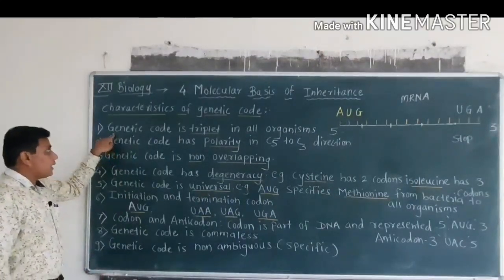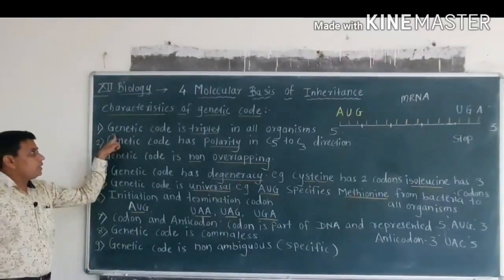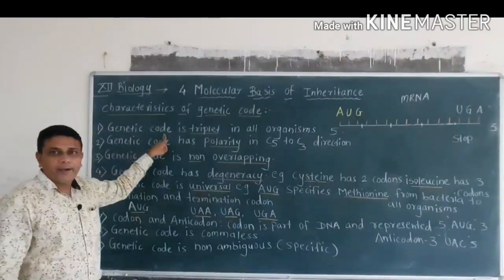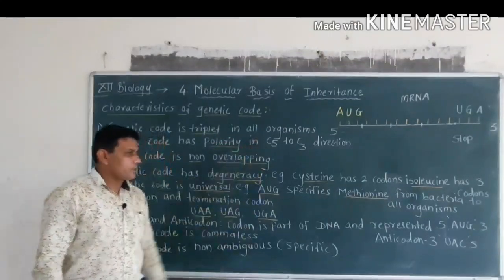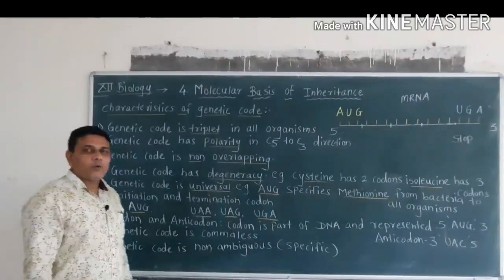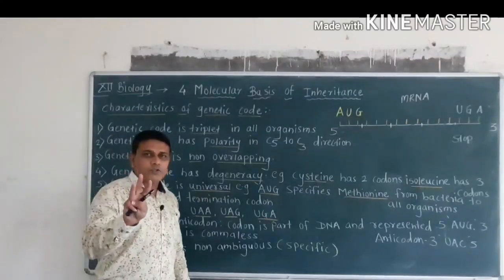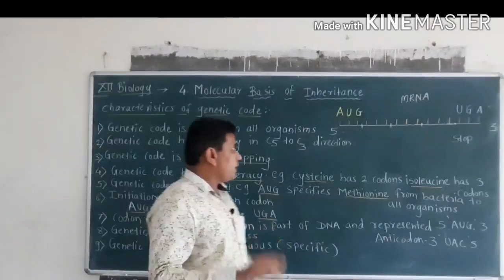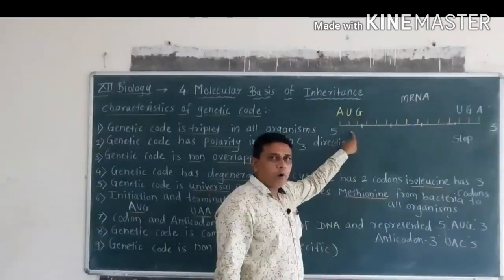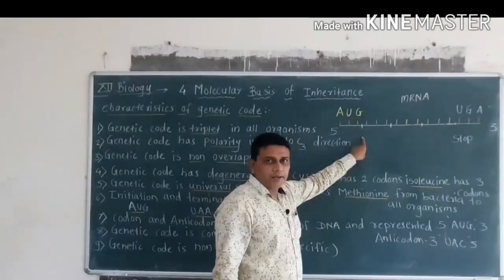So the first characteristic of genetic code is that genetic code is triplet in all living organisms. That means the genetic code consists of 3 nitrogen bases, or it is the sequence of 3 nucleotides. Here is the diagram of messenger RNA.